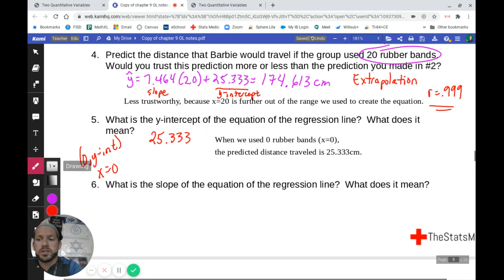We can figure out our slope of the equation is in that part of the equation as well. So that's going to be 7.464.